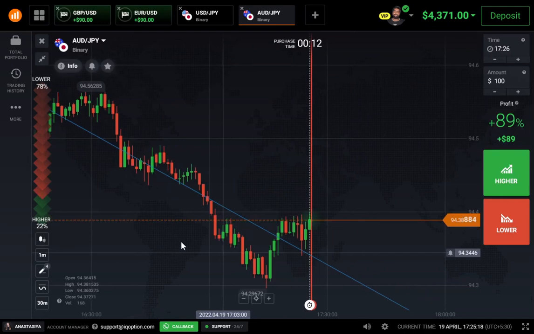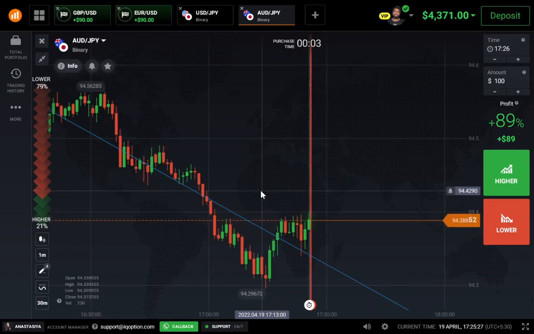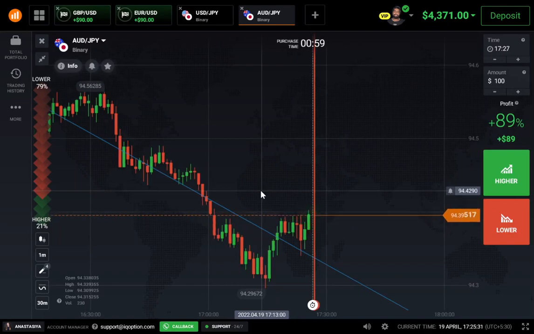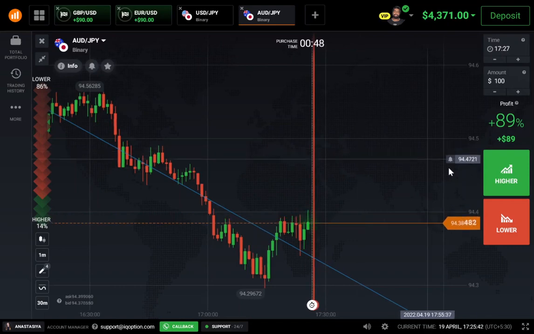So practice support and resistance lines well by drawing the lines, and be sensible when you draw them. One more thing to note is that these support, resistance, and trend lines can be drawn on a chart of any time frame. That will give you an opportunity to trade any expiration times.